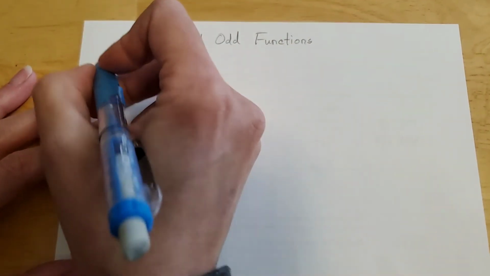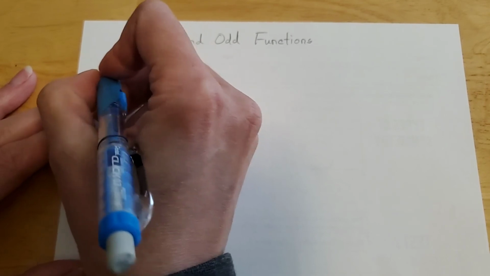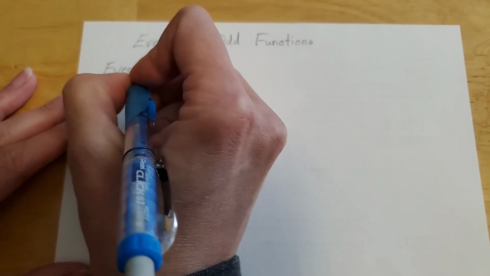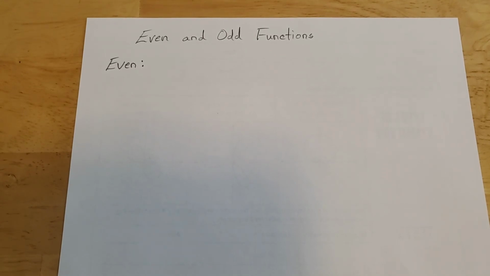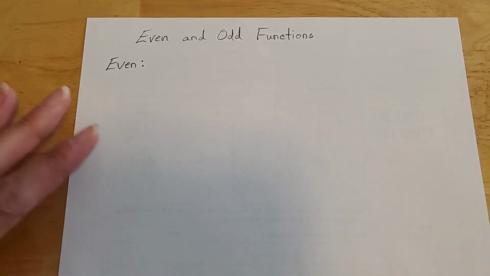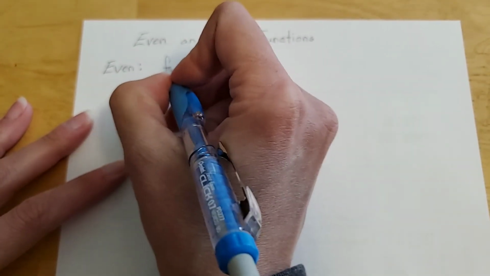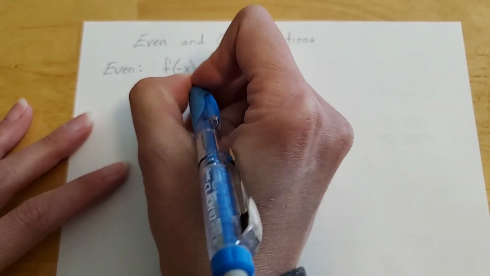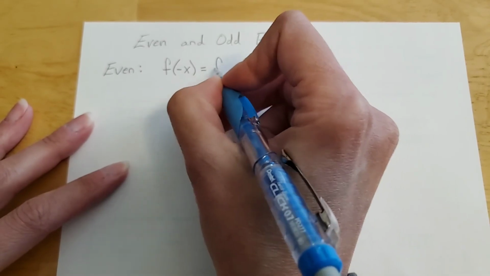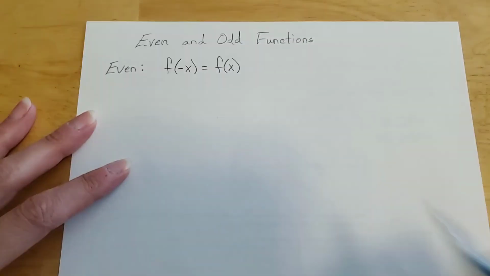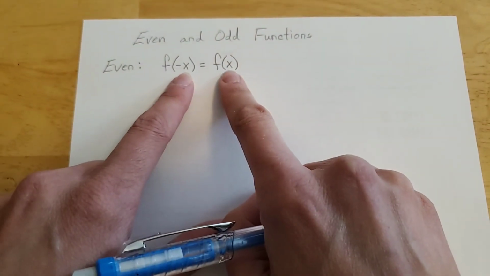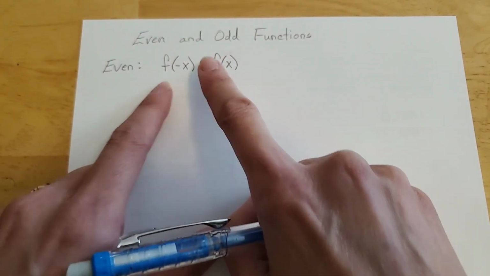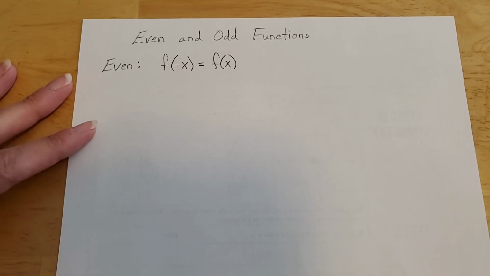Remember that even functions: we say that a function is even if when you put in opposite inputs, you get the same output. So we could say f of the opposite of x is equal to f of x. That is the algebraic definition of an even function. Opposite inputs generate equal outputs, the same output.